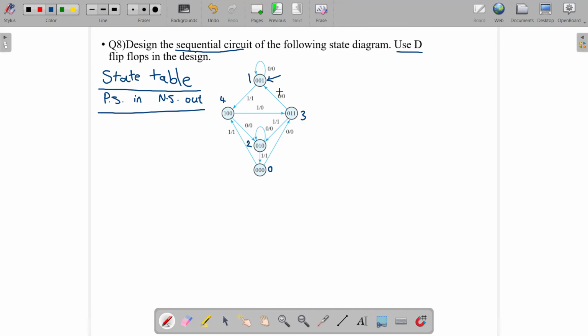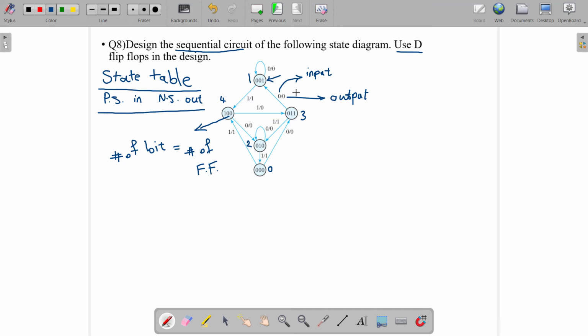On the other hand, we know that this bit represents our input and this one represents our output. So the number of the bits represents the number of flip-flops.